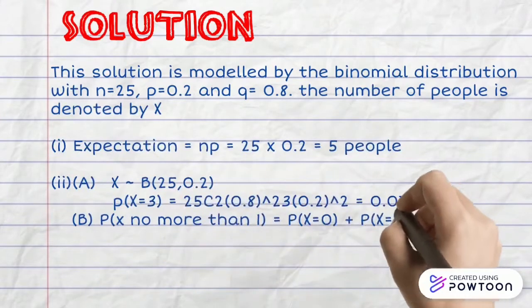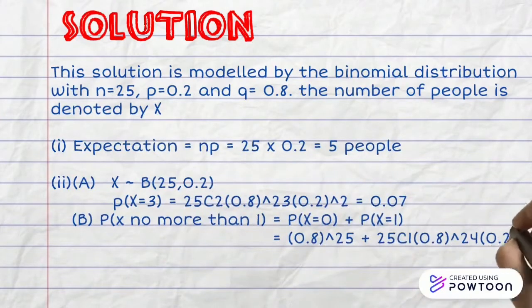For the second, P(x equals 3) is 25 C 3 times 0.8 to the power of 22 times 0.2 to the power of 3, which is 0.07. For the next, P(x equals 0) plus P(x equals 1), which is 0.8 to the power of 25 plus 25 combination 1 times 0.8 to the power of 24 times 0.2, which is 0.027.